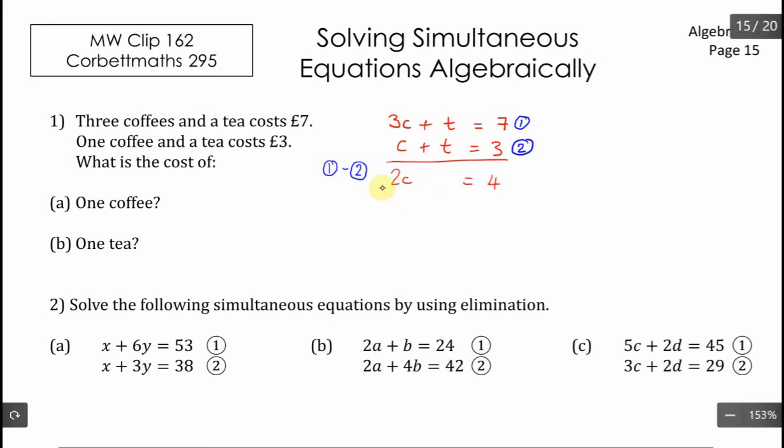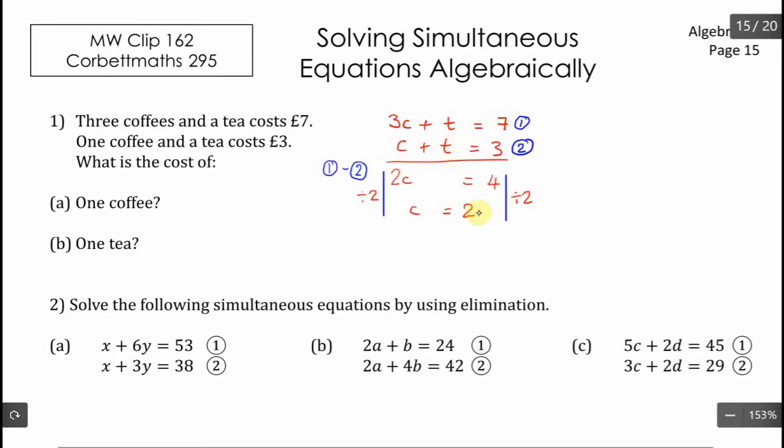So now that we've worked out that 2 coffees equal £4, we've got a little equation there. It's not really one that we need lines down the side to solve, but I'm going to do it just for method, really. Divide by 2, so 1 coffee is £2. And now once you've found what one variable is, you can then go back to just one of your equations, either is fine, and substitute this in to find out what the other one is.